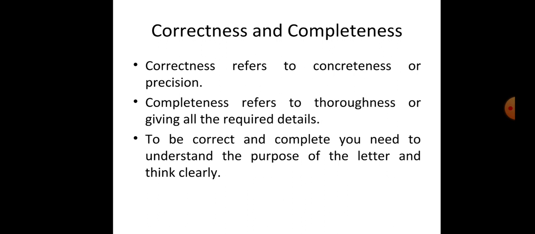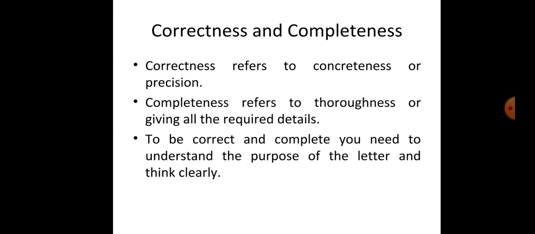As far as grammatical errors are concerned, those things can be called correctness. And completeness is about whether the things we wanted to include in the letter are included or not, which we are going to check here. So we are going to talk about both.